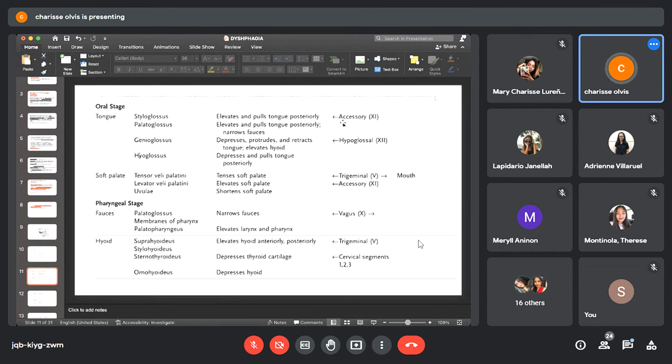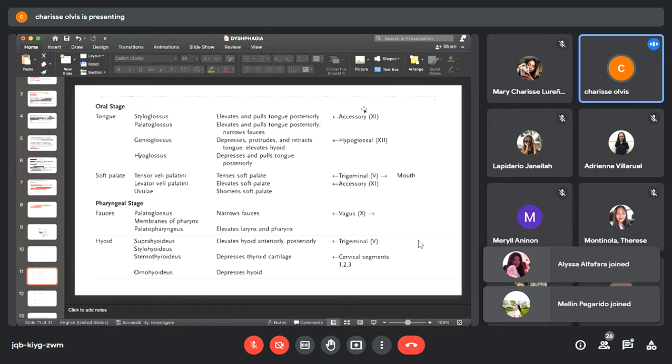And then next, another nerve that we have to consider is your 11 and 10, your accessory nerve and your vagus nerve. You can just read through this as your reference for review of the muscles and their actions and then the responsible cranial nerve.